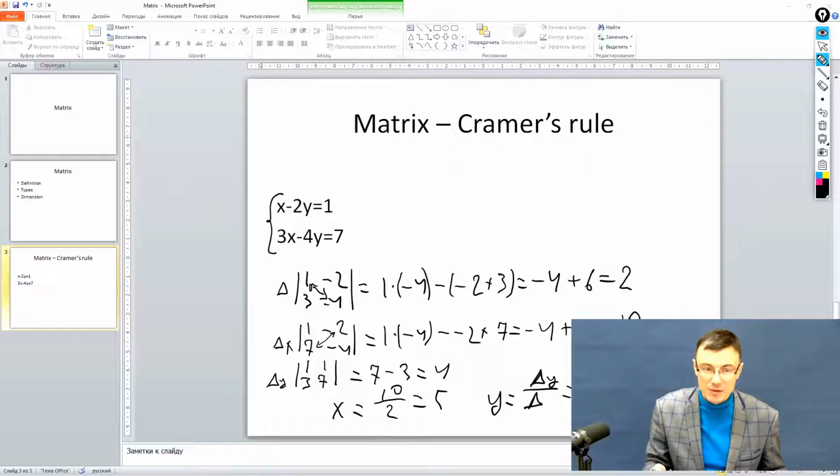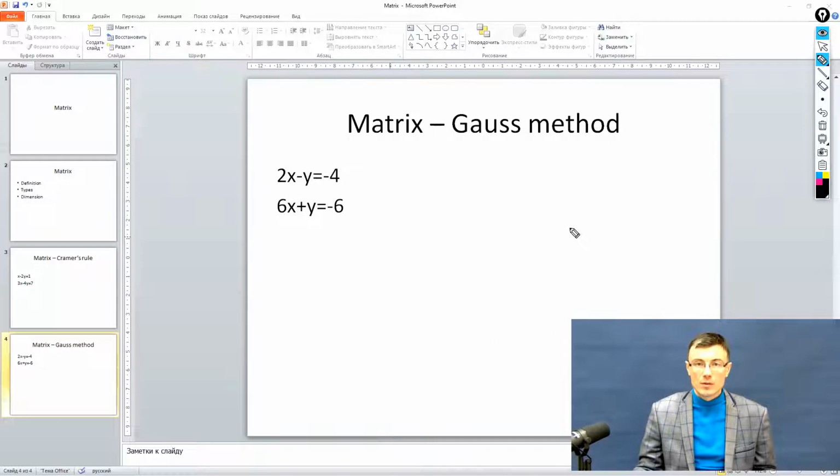Now the next will be the method of Gauss. One of the ways to find a solution for a system of linear equations is the Gauss method, based on elimination of some rows and some unknowns or coefficients of these unknowns. So let's begin with an example.